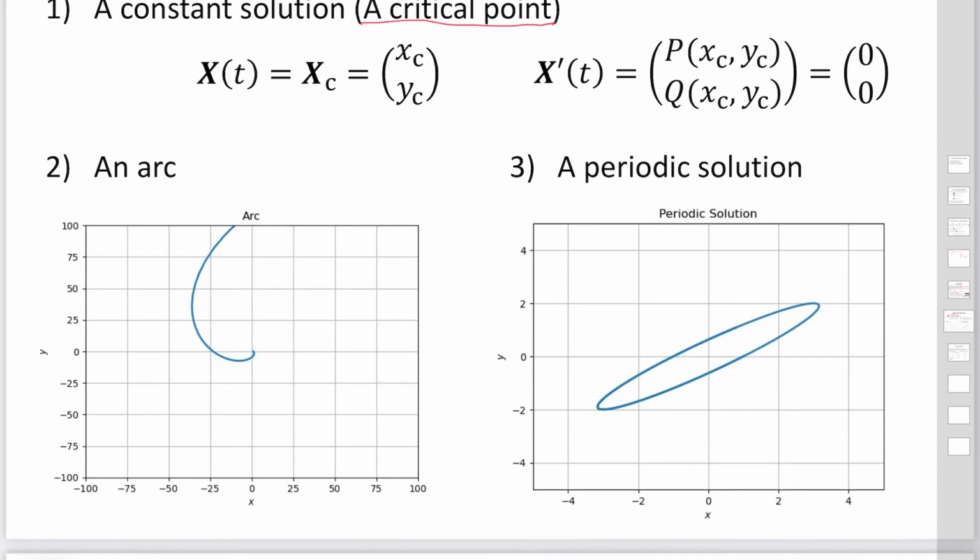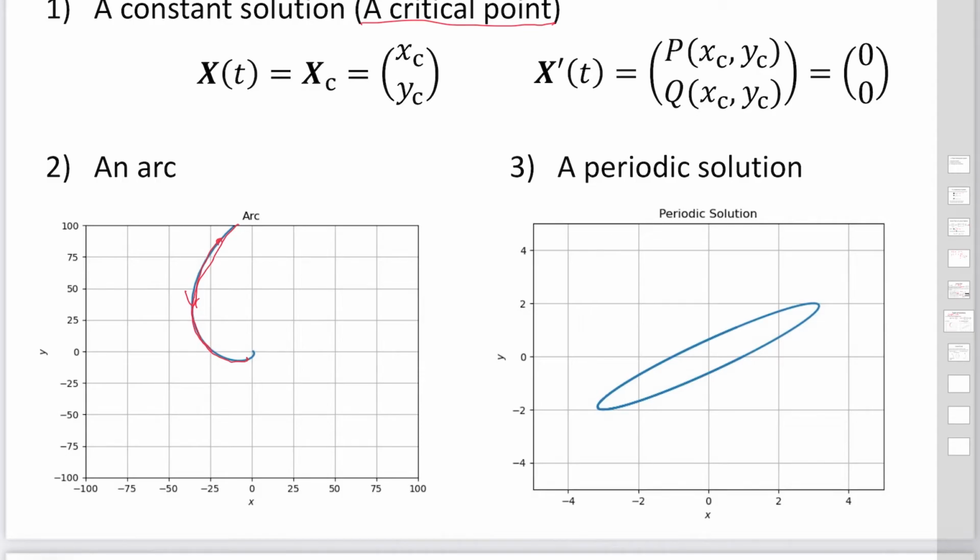Another solution is the arc. An arc is a curve that does not cross itself. If the particle starts from here, the particle might move away from the central point, or along this arc in the opposite direction. Sometimes, if the particle is here, the particle might approach some point.